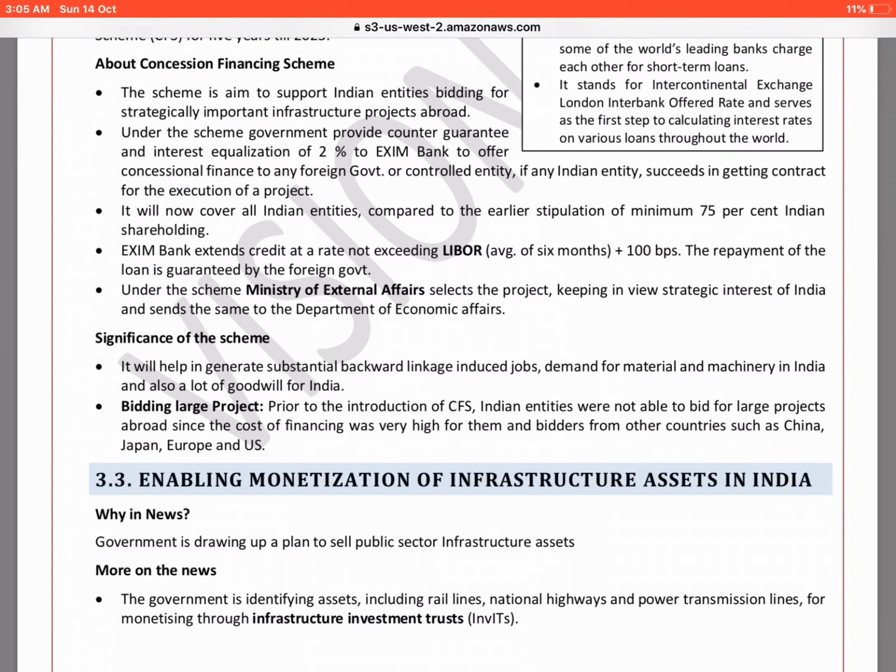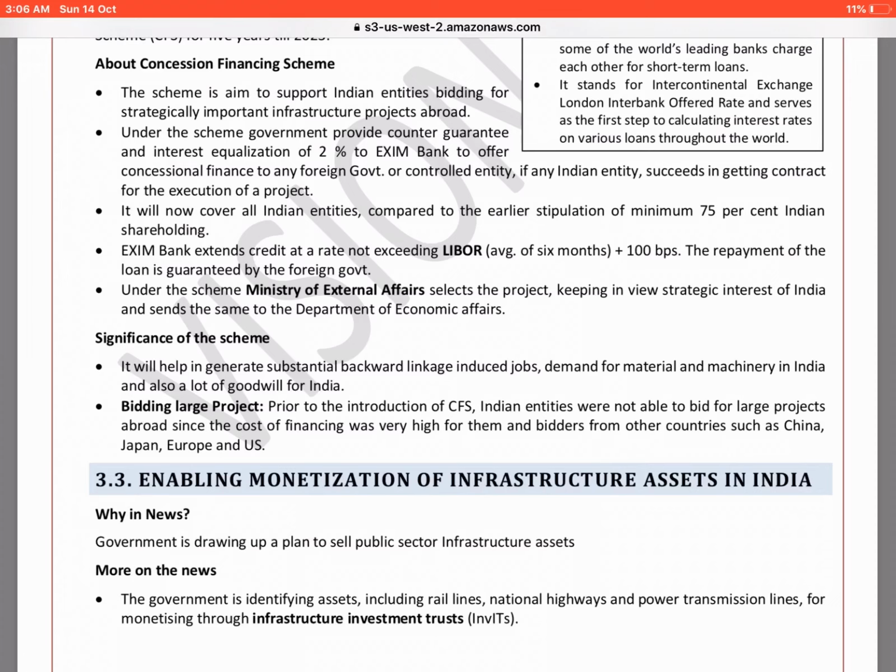That entity needs a loan. So from where can they access loans? They can access loans from Exim Bank, the Export and Import Bank of India.